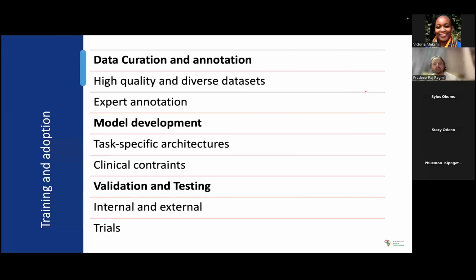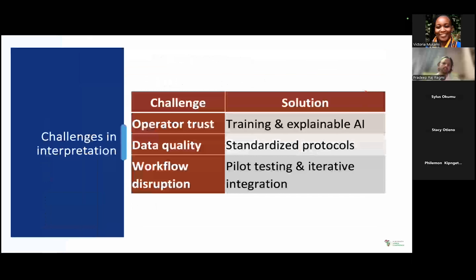So it can be from data curation, annotation, and model development. Task-specific architectures can be done, and validation and testing, internal as well as external validation with some trials, are also needed for training and adoption of AI models in clinical workflow.